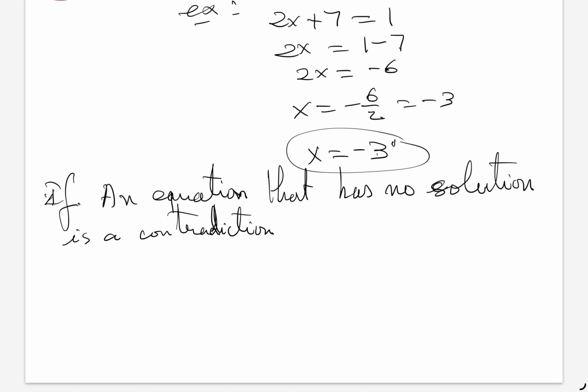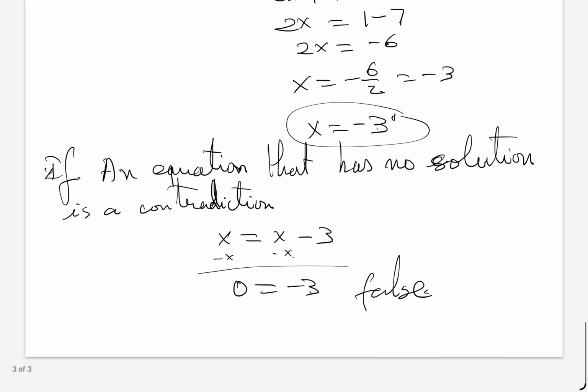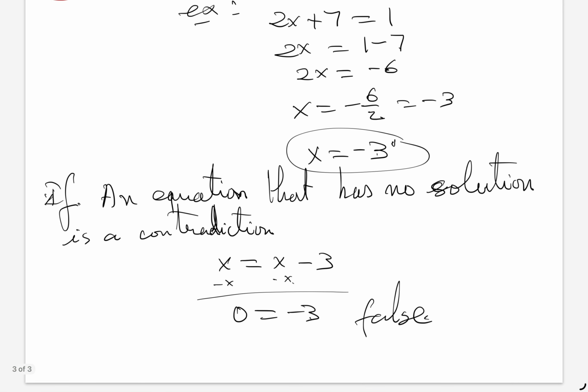Okay, for example, you can have x is equal to x minus 3. Look here. So here you can subtract both sides by x. So what you end up having is 0 is equal to negative 3. Is 0 equal to negative 3? No, it's false. That's why the equation is called a contradiction. Okay?